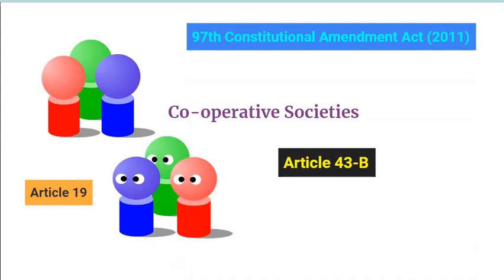The next one, it included a new directive principle of state policy on the promotion of cooperative societies, Article 43B. And it added a new Part 9B in the Constitution, which is entitled The Cooperative Societies. This new Part 9B contains various provisions to ensure that the cooperative societies in the country function in a democratic, professional, autonomous, and economically sound manner.